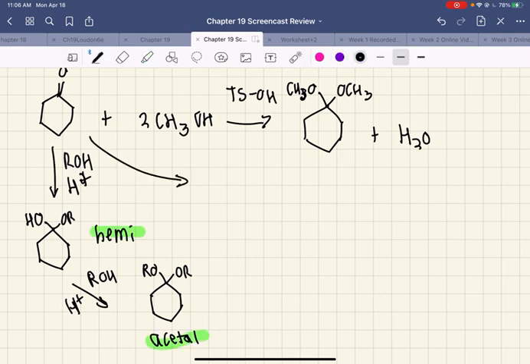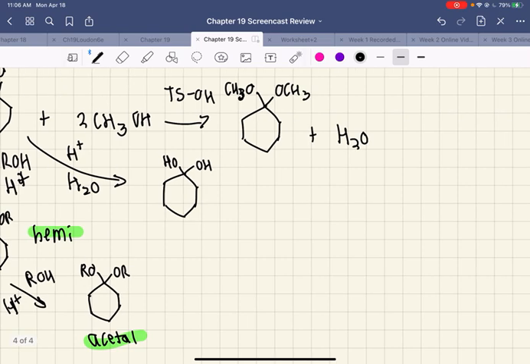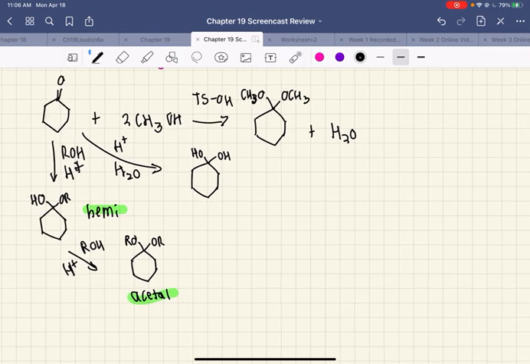Now we react this with H plus H2O. This will hydrate. So those are basically, this will yield hydrate.